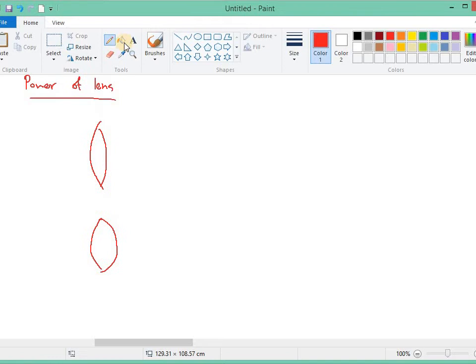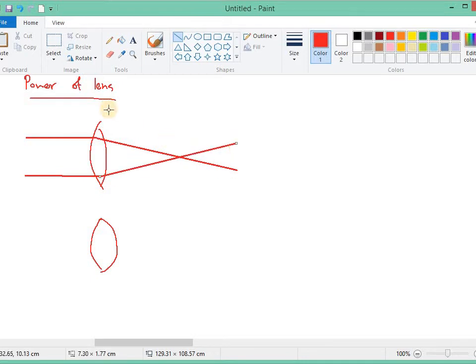So this lens, the light go in here, and the light refract like this, compared to this one, light go in, and the light converge, bend and become like this.